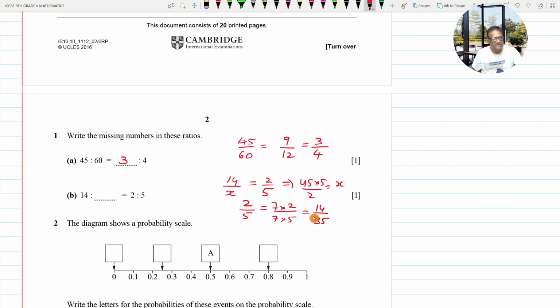So my answer has to be 35. Don't go by the earlier attempt; do this. So this answer will be 35. That was question number 1, and now coming to question number 2.